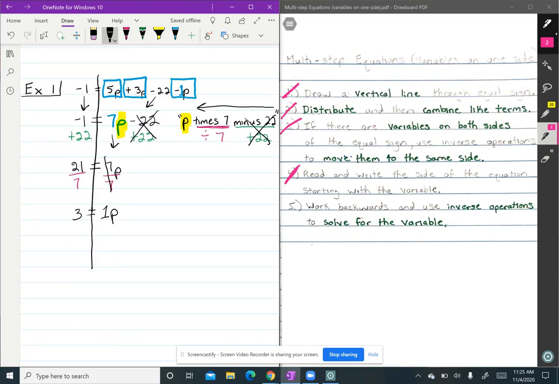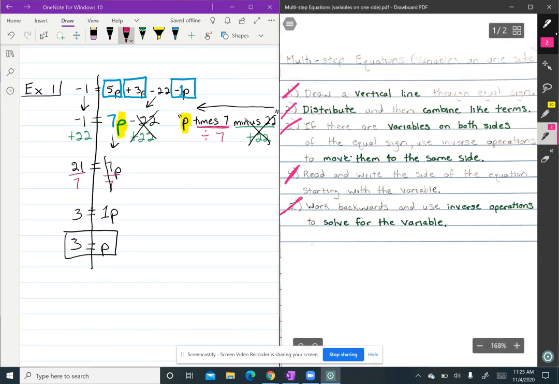Then remember, because of the invisible 1 rule, that 1p is the same thing as p. So my answer is 3 equals p. And then that shows that I've completed the steps.